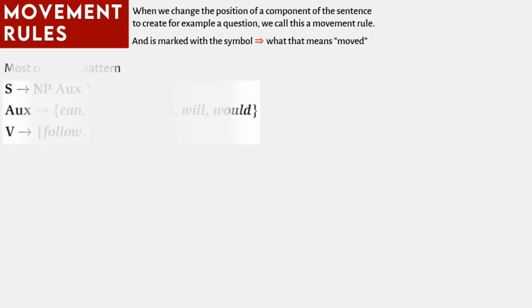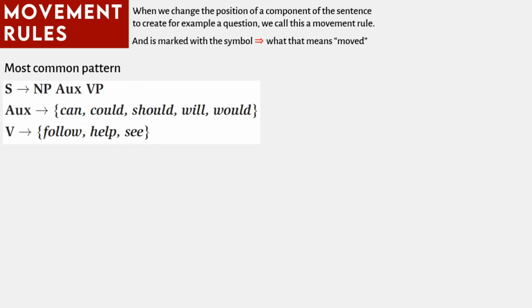Let's check one most common pattern. The sentence is composed of a noun phrase, an auxiliary, and a verb phrase. The auxiliary's common uses are can, could, should, will, something like that. But these are modal verbs. But you can already see what the pattern is.